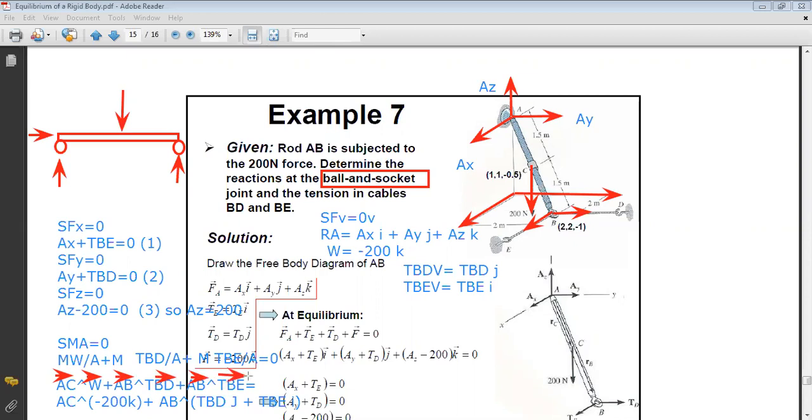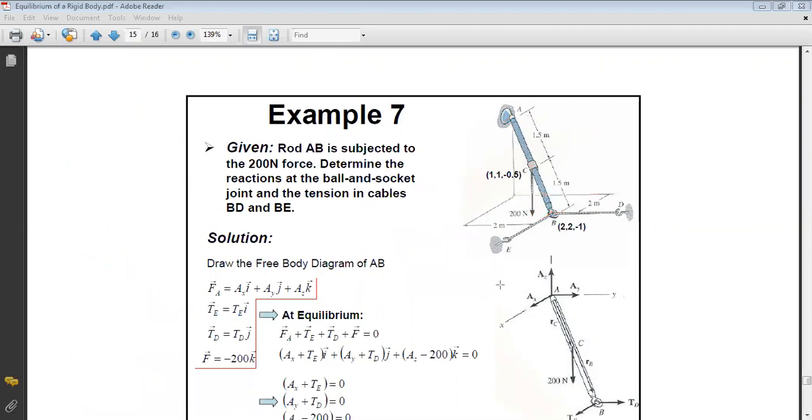The next step is to find vectors AC, AB, and AB. So let us look together at the figure. We should find the coordinates. First, as you can see, point A is on the axis, and we have the distance from here to here.